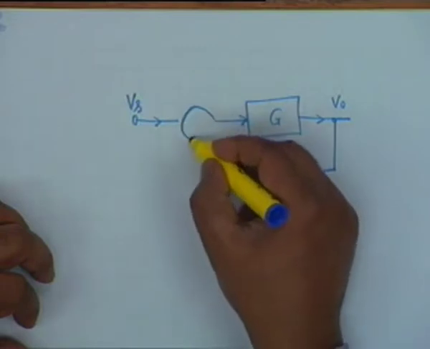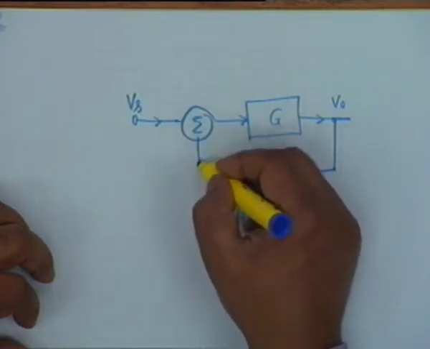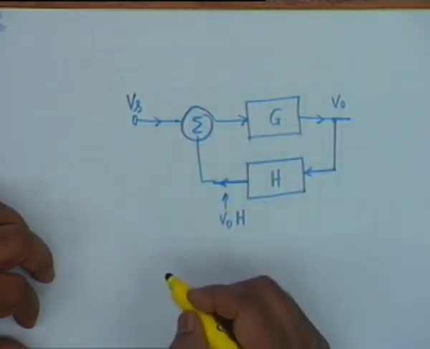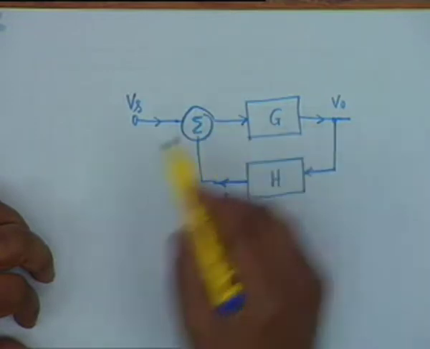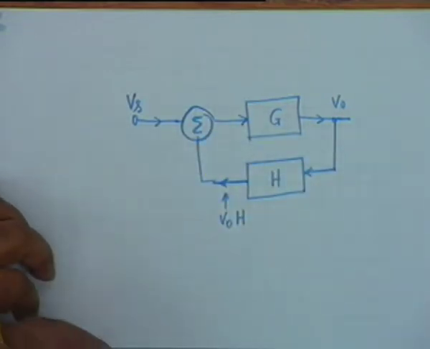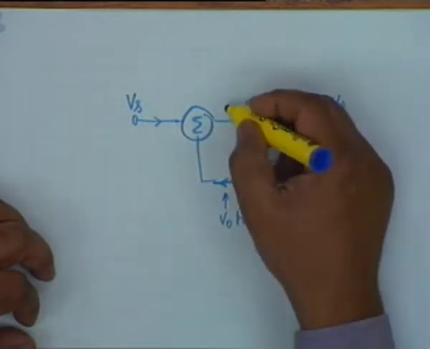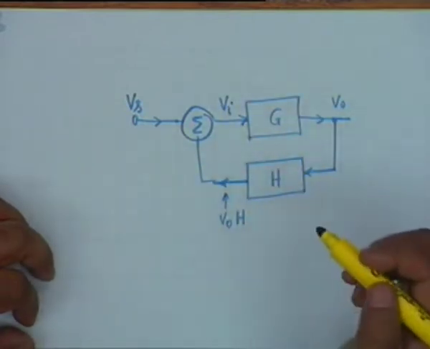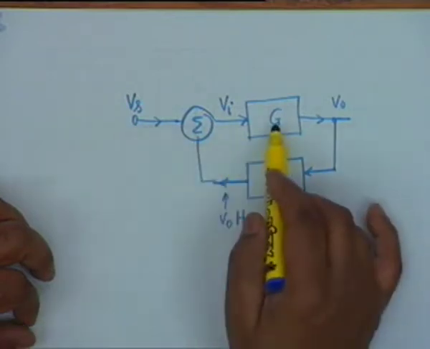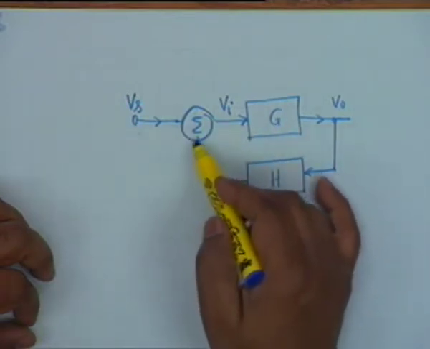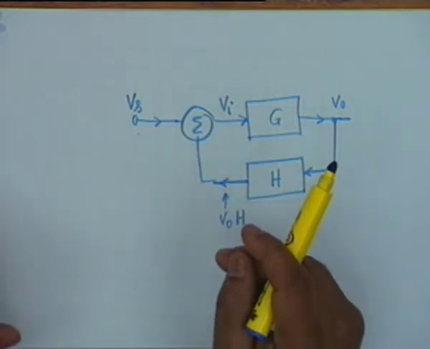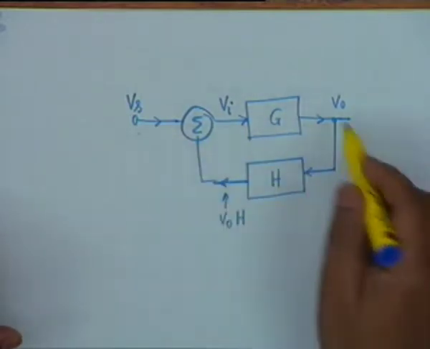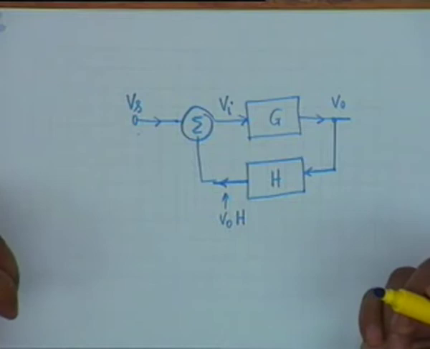We simply add the two inputs in a block called a summer. We add Vs and V0H, and this is the actual input to the amplifier. Before Vs comes to the amplifier, we mix it with a part of the output, and this is called a feedback circuit.